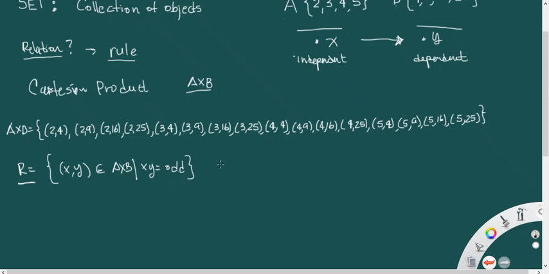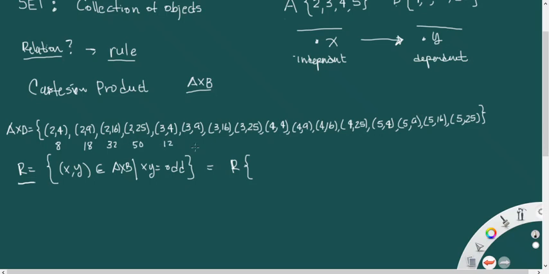Okay, and what are they? If we take a look at our set, we will see that the product between these two equals 8. The product between these two equals 18. The product between these two is 32. This is 50.